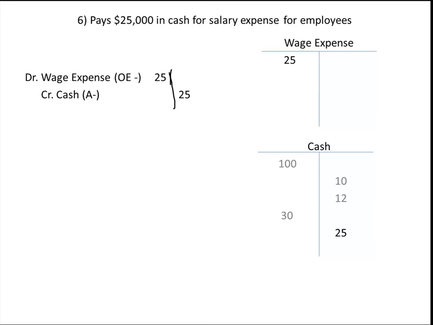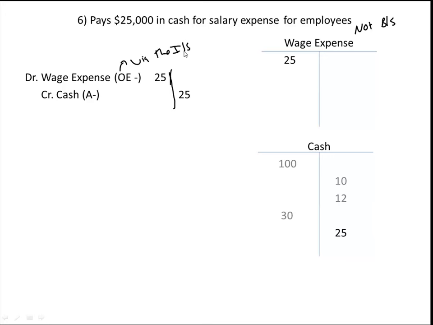Just like with the revenue, wage expense is not really an owner's equity account. Wage expense is not a balance sheet account. Owner's equity is a balance sheet account. Wage expense is an income statement account. But we are indeed reducing owner's equity, again, via the income statement. Because when net income becomes retained earnings, we didn't have $40,000 of net income.